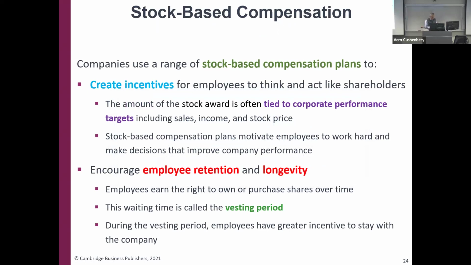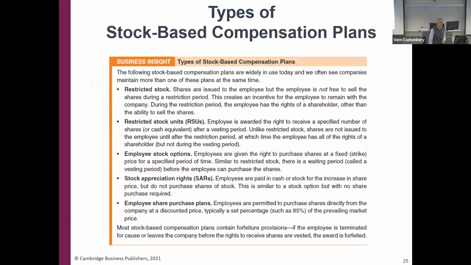Okay, let's get into stock-based compensation learning objectives. I mentioned that there are several reasons why you might actually do this. At its core, we're trying to increase employee attention, incentivize management teams, hopefully align them with what's in the best interest of shareholders. And this is a great slide.